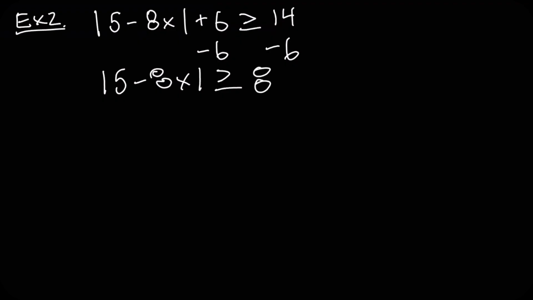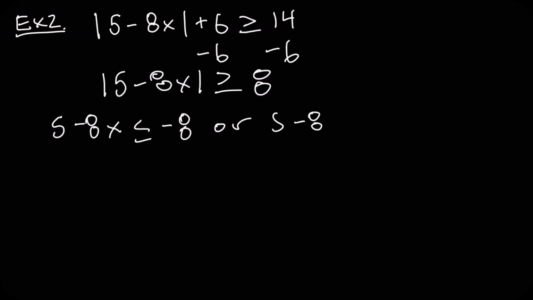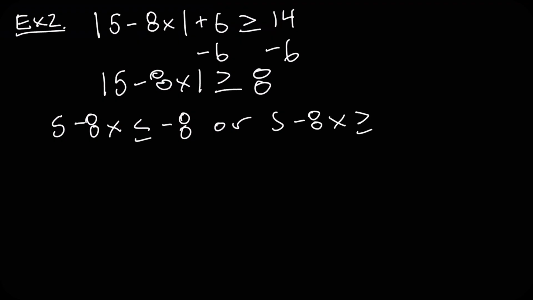And now we can go ahead and deal with our case number 3. So we will have 5 minus 8x is less than or equal to negative 8, or we will have 5 minus 8x is greater than or equal to positive 8.